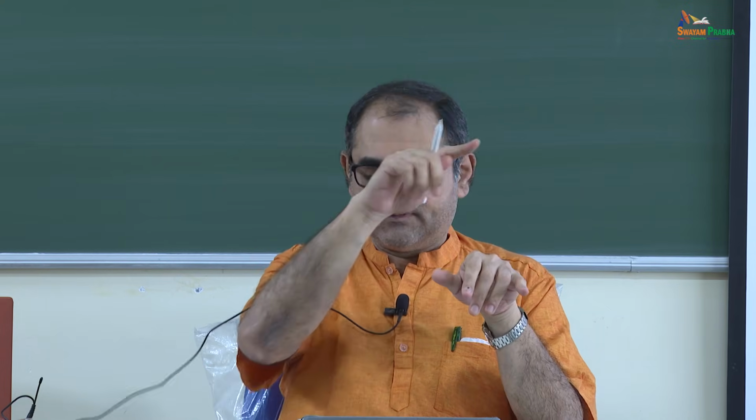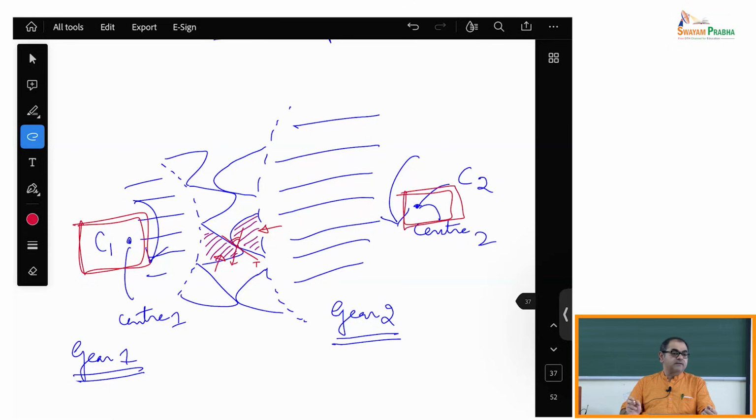And when you say the distance between the centers, that is also going to be equal to the sum of the radii of the gears, if you take suitable circles. So the distance between these two gears is one factor. Then also the radius of these two gears, if I call this R2 and this R1, this radius also matters.